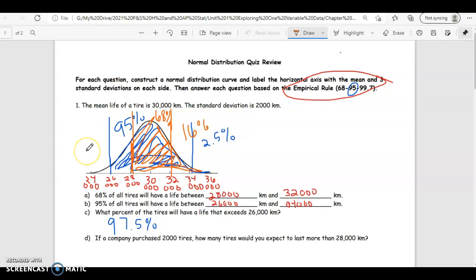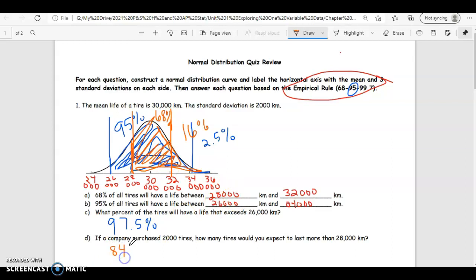So again, 100% is the entire area of the curve. So if you subtract 68 from 100, you get 32, but I have two tails. So half of it gives me 16 in this one tail. So the total area, if I do 16 and 68, the whole area of this orange tail is 84%.